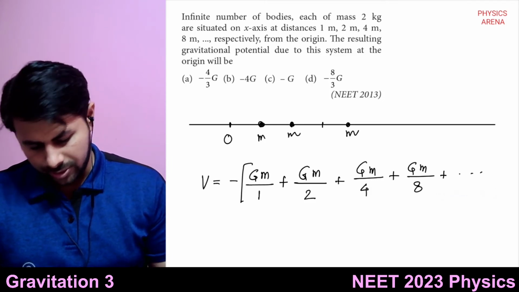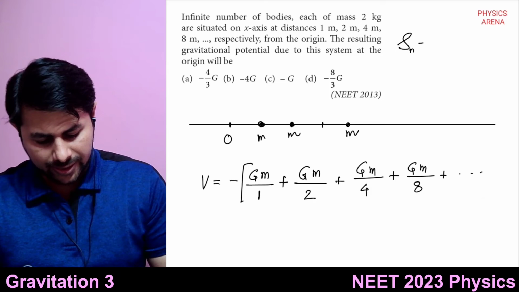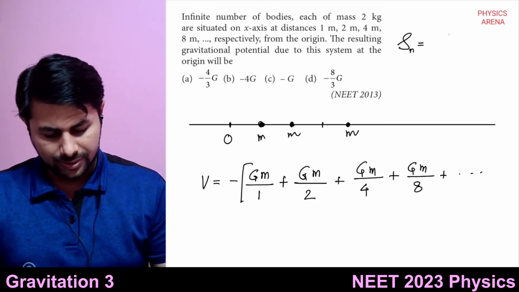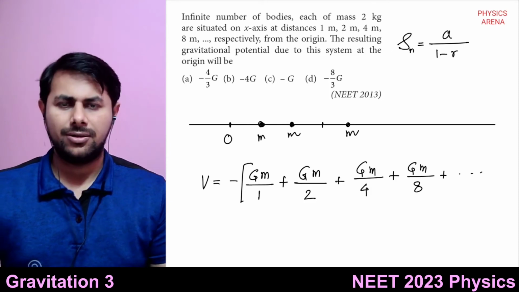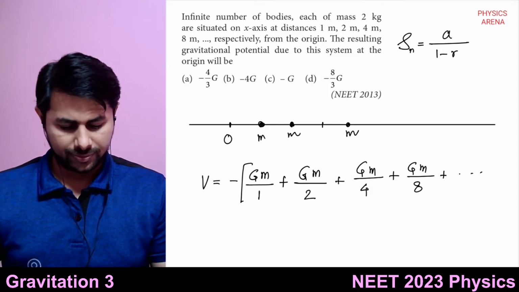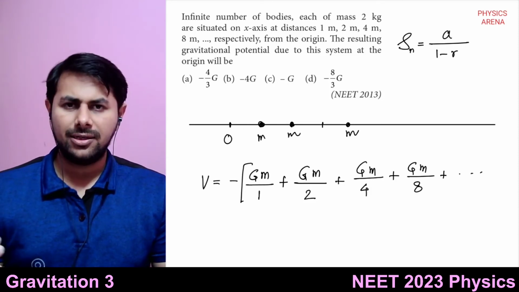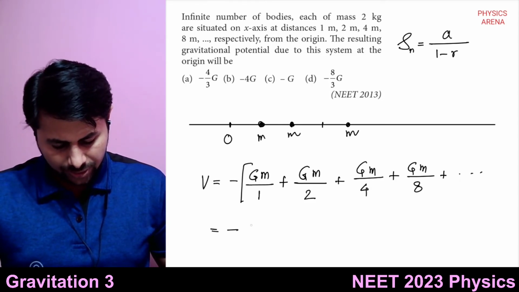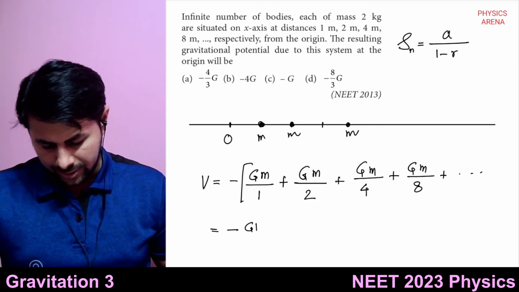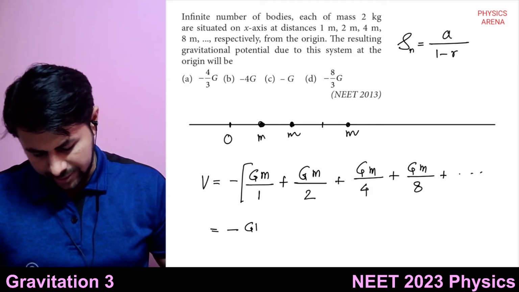So what is the sum of a geometric series? It is A divided by 1 minus R, where A is the first term and R is the ratio. So it is equal to minus GM, we can say. How much is M? M is 2 kg.